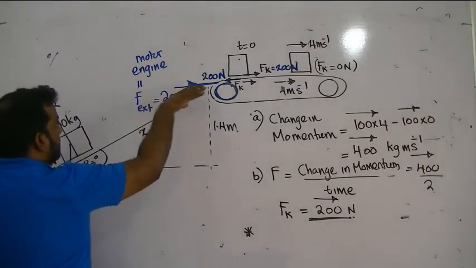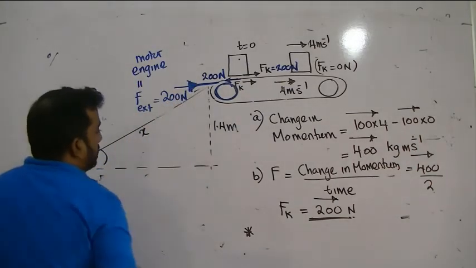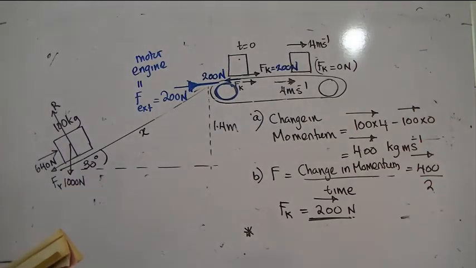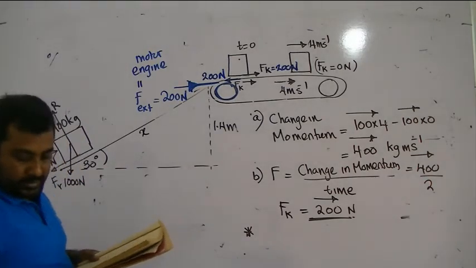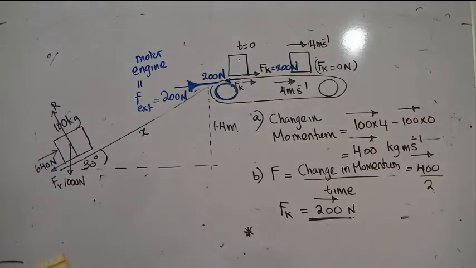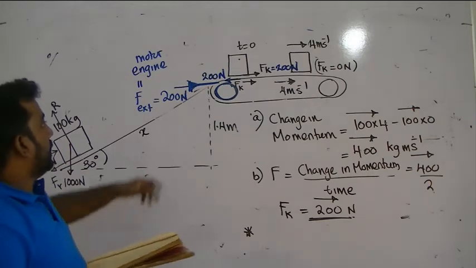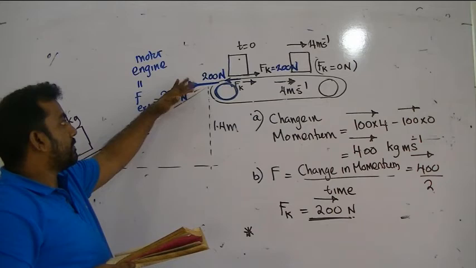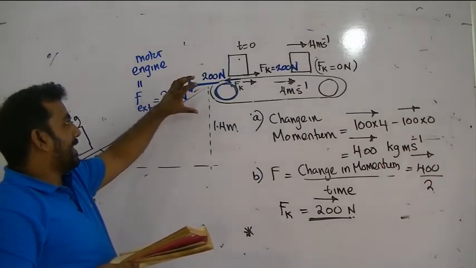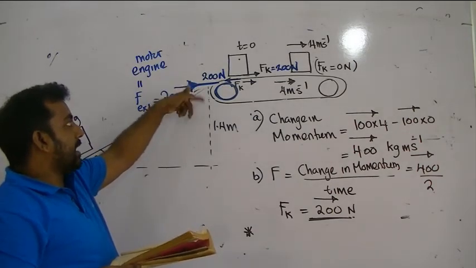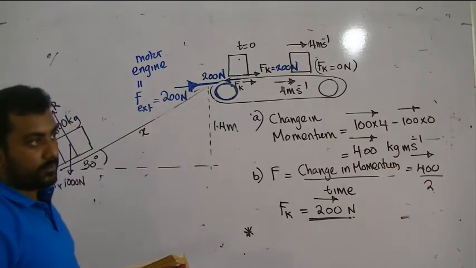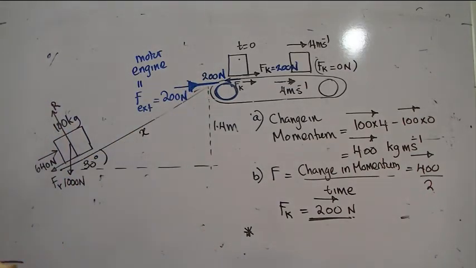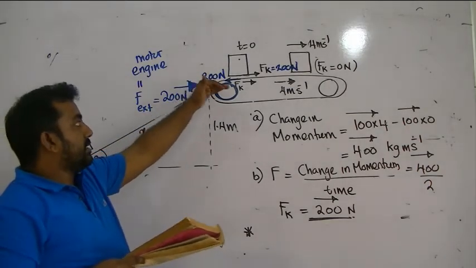And the motor engine will apply an equal opposite force, causing the resultant force on the belt to be zero.